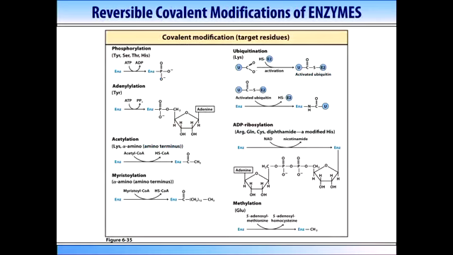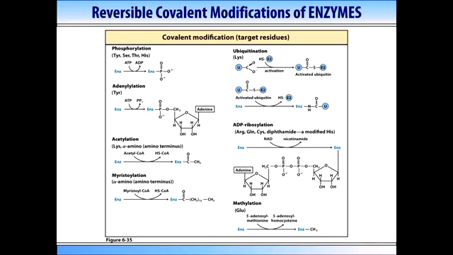In other types of reversible covalent modifications of enzymes which affect the activity, perhaps the most common and the most widely used by many different cells would be phosphorylation. So there are other types of enzymes called protein kinases, which transfer the phosphate group from an ATP molecule onto the enzyme, giving the phosphorylated form of the enzyme.